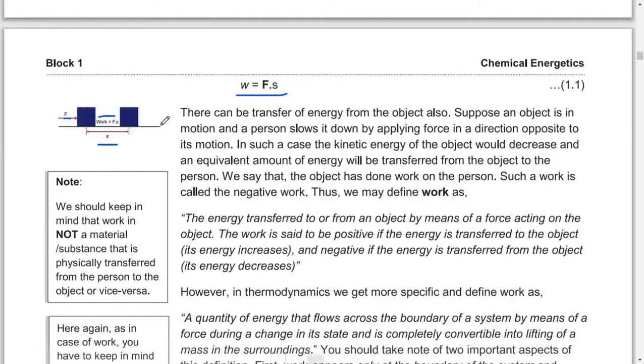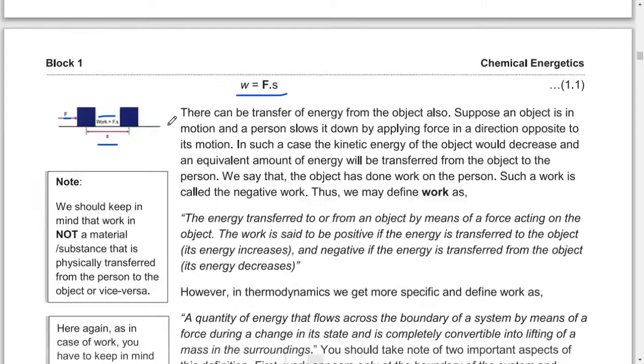There can be transfer of energy from the object also. Suppose an object is in motion and a person slows it down by applying force in a direction opposite to this motion. In such a case, the kinetic energy of the object would decrease and an equivalent amount of energy will be transferred from the object to the person. We say that the object has done work on the person.